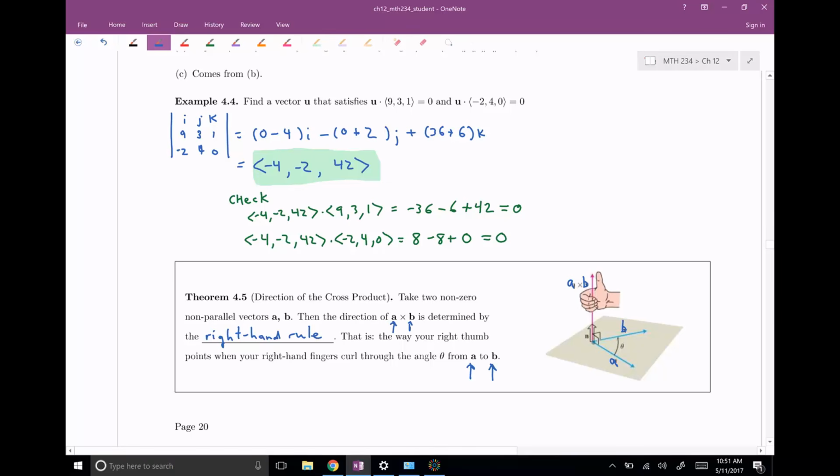So this points up in the direction of your thumb. If you did B cross A, your thumb would be pointing in the other direction. And this is very interesting because it means that the order of multiplication actually matters in this case, which is very strange because usually it doesn't. But this is what we're going to bring up first thing in class next time.